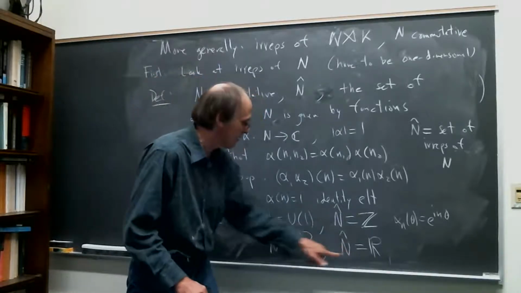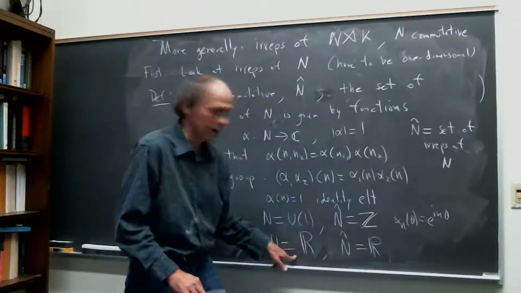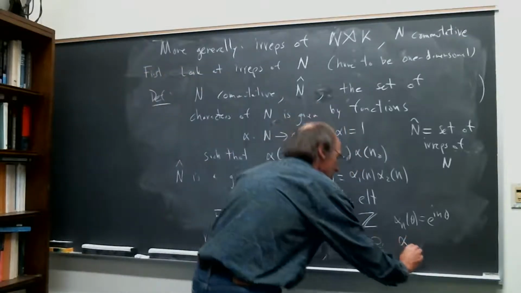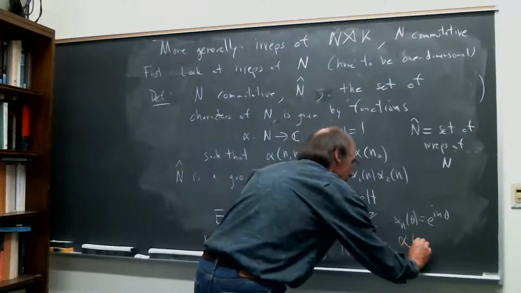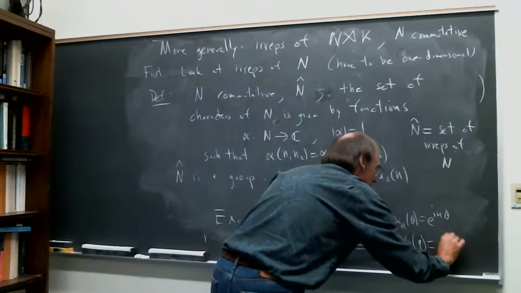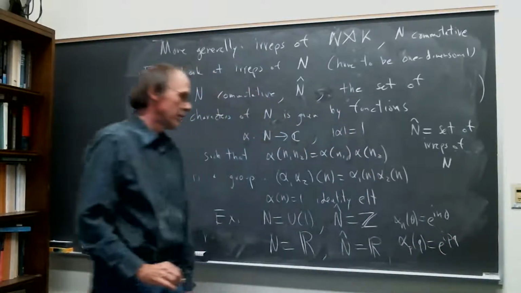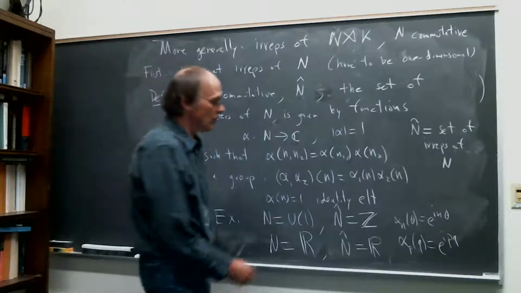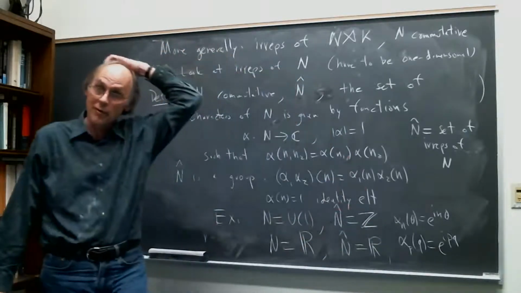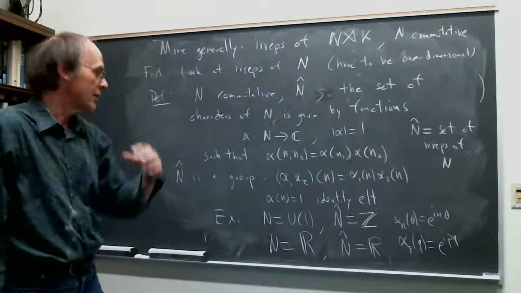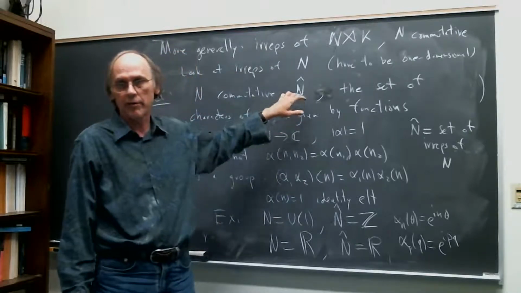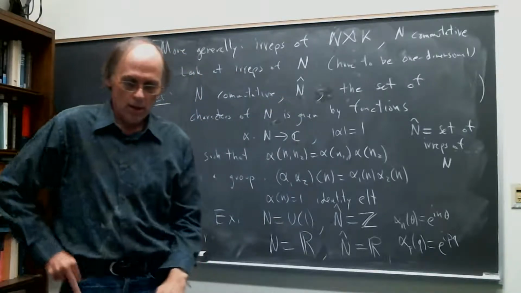And R is a self-dual situation, where the character group of R is R. The characters are the things that we would label by a P, and they're just e to the i P Q. So in these cases, these are things you've already seen before. But this is an abstract definition which actually works for any commutative group.